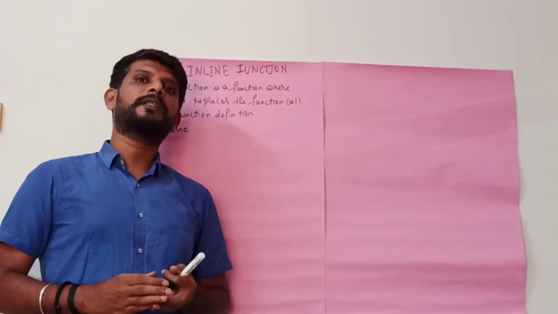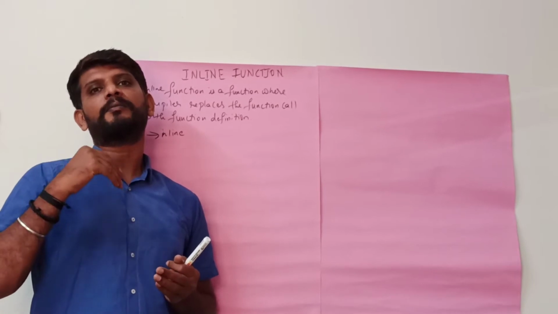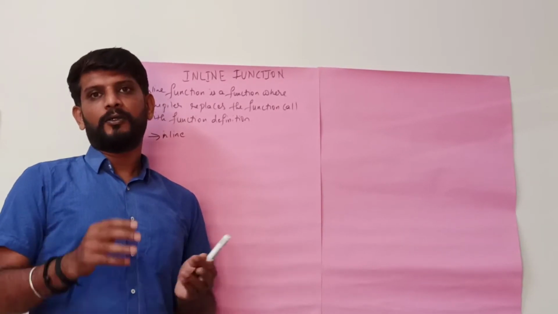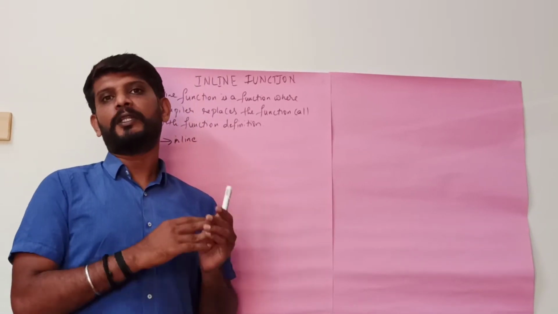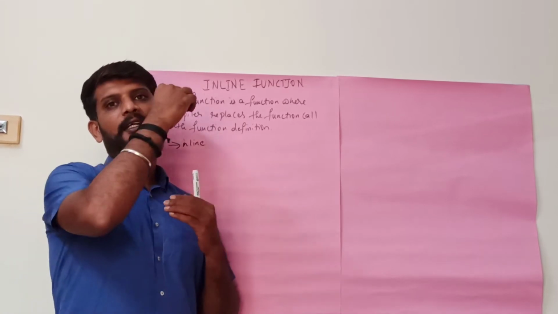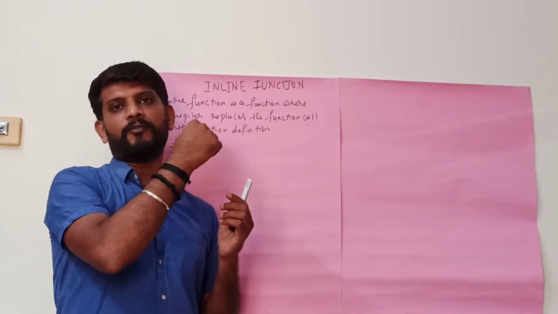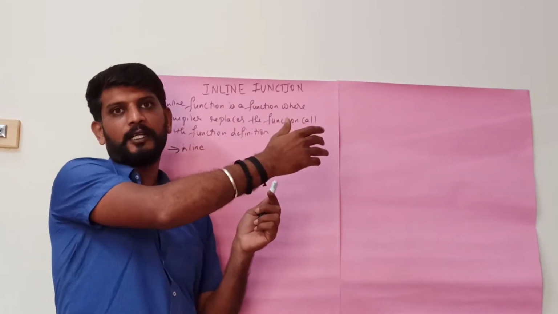Whenever you are using the inline function, the execution of the program becomes easier. Whenever you are executing any ordinary program without any inline function, the compiler firstly will search for a particular function call. When you call a particular function, it will go for the function definition.